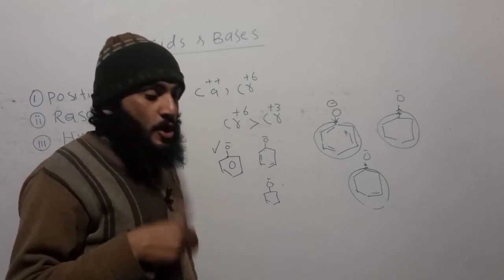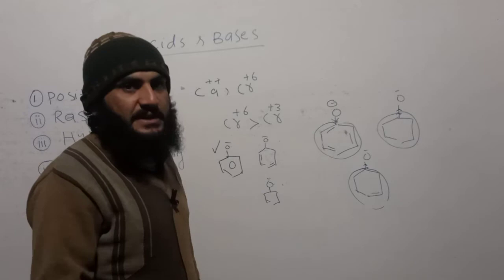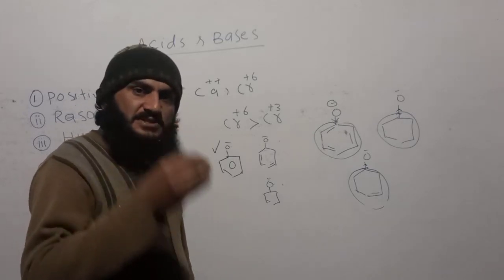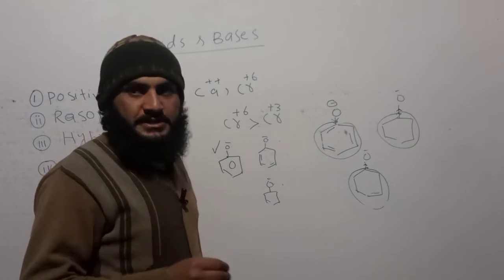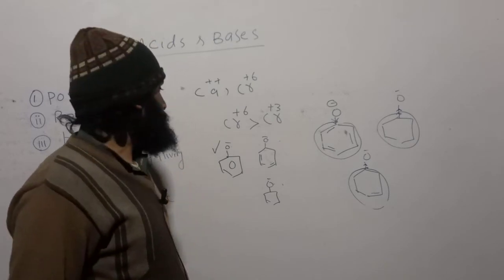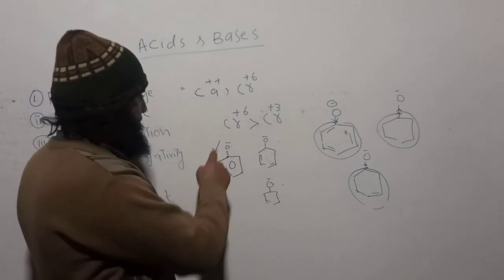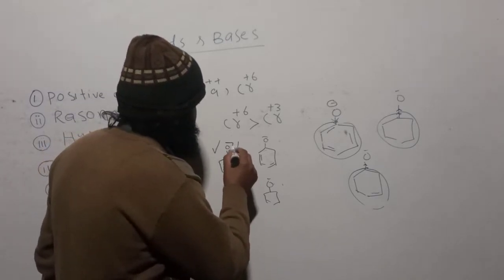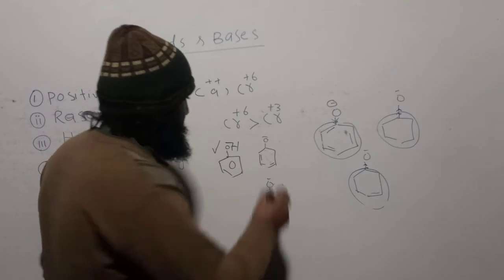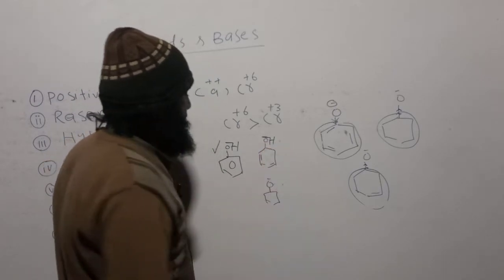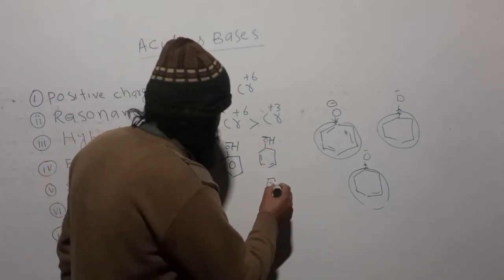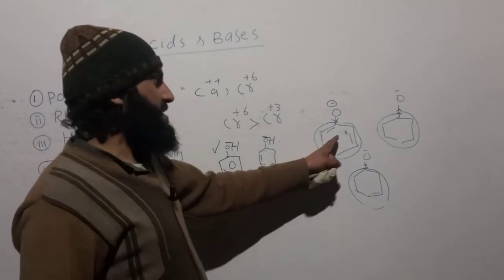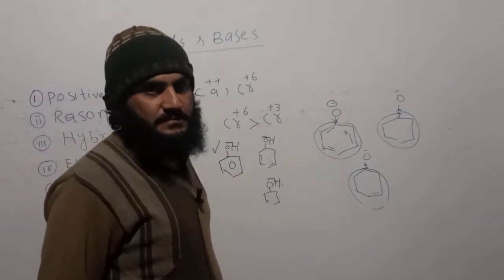A strong acid has the most stable conjugate base, or the base of a strong acid has low reactivity. Clear? So this is the conjugate base of this acid, and this is the conjugate base of this acid, and this is the conjugate base of this acid. So this acid has a very stable conjugate base.